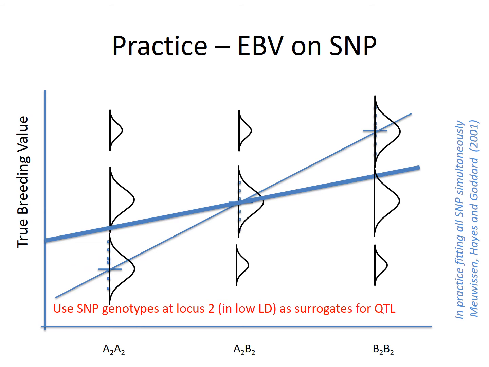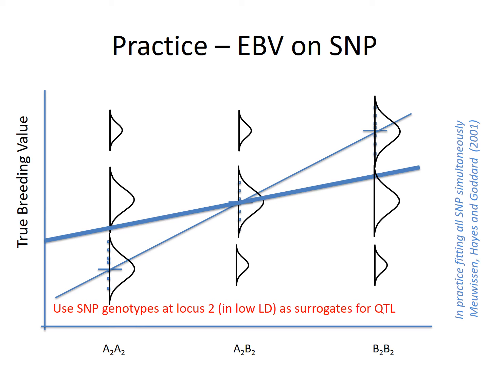If I go to the next locus, which is in lower LD, I might find that there is no signal. That SNP doesn't pick up the effect of any particular favourable allele. So as I walk along the genome, I'm going to find some effects in some places, and I'm going to find other places with no effects.